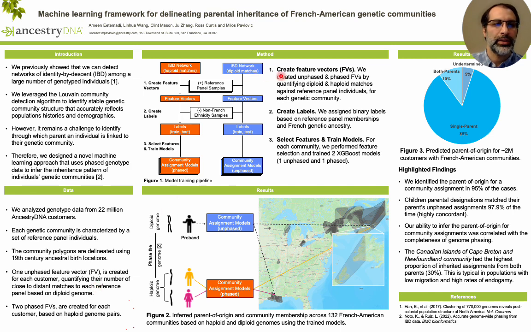So here in the method section, you see that we first create these feature vectors. Second, we assign labels for the training, and these labels are assigned based on the reference panel memberships.